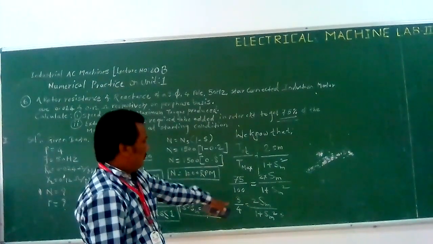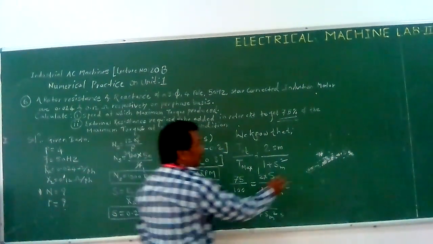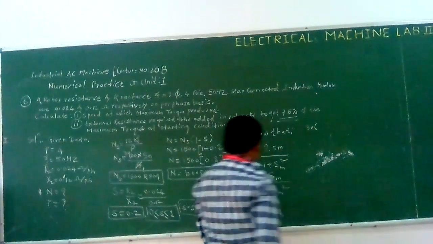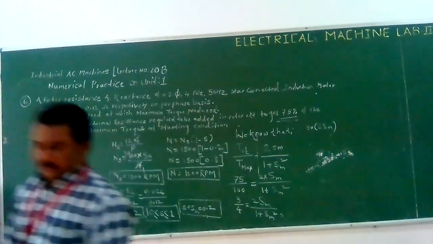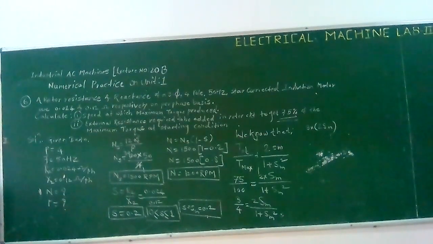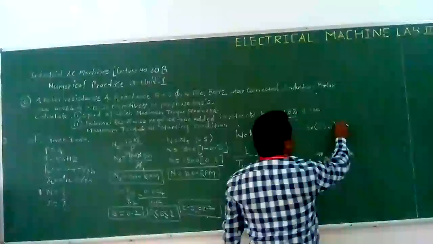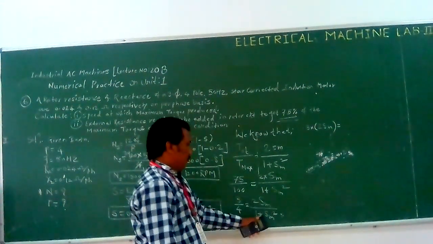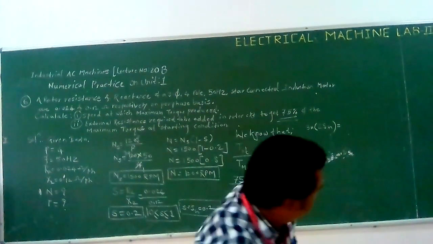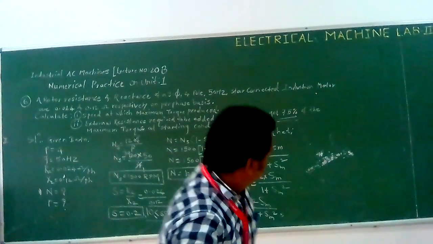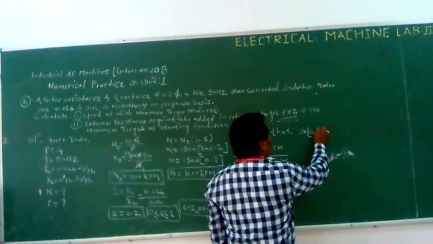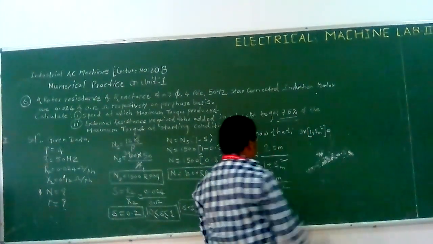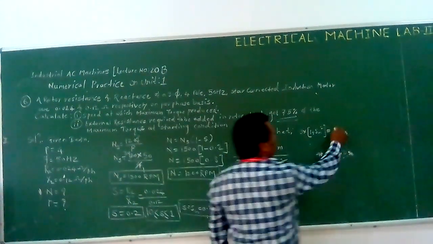Now by cross multiplication, 3 into (1 plus Sm square) equal to 4 into 2, that means 8 Sm.